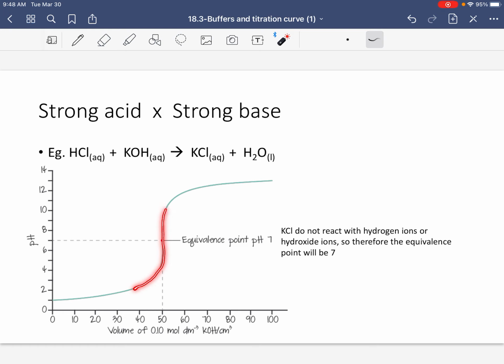Okay? And there's going to be another sharp turn where you've kind of already overshot, where the amount of base is now greater than the amount of acid. As soon as you have a little bit of overshoot, you get another sharp turn. Okay?